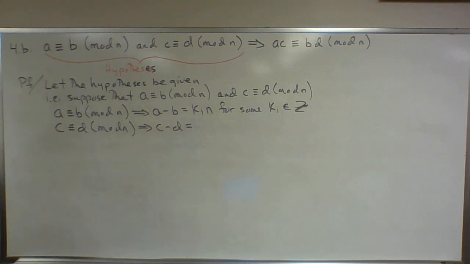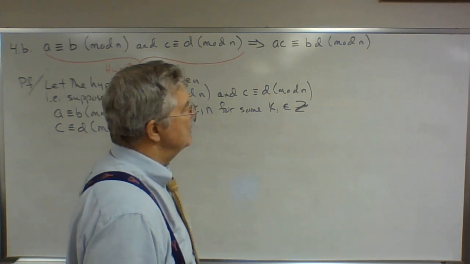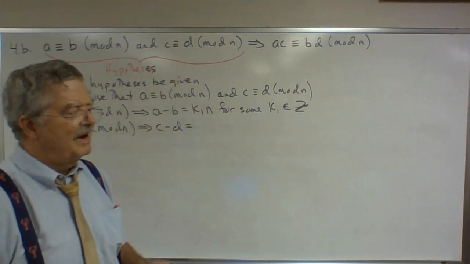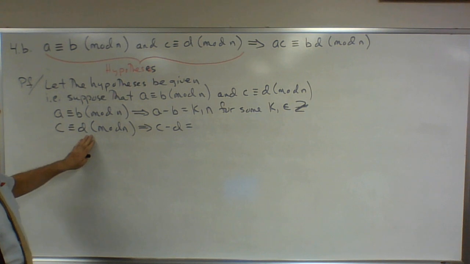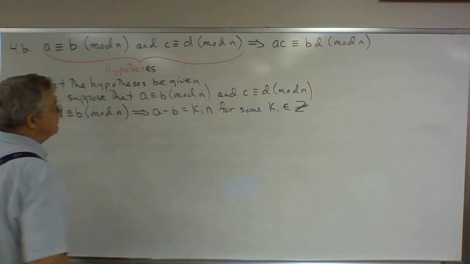Oh, you know what? I'm about to do something that I did in the last proof and I regretted it. This is not wrong, but let me delay this just one step.